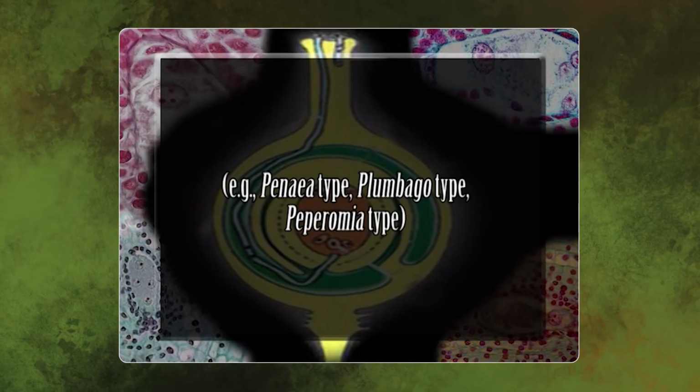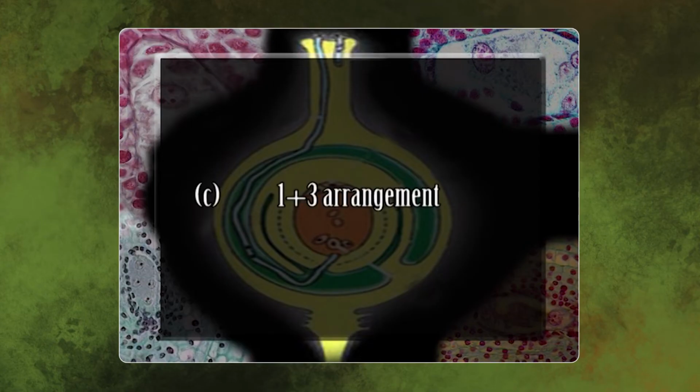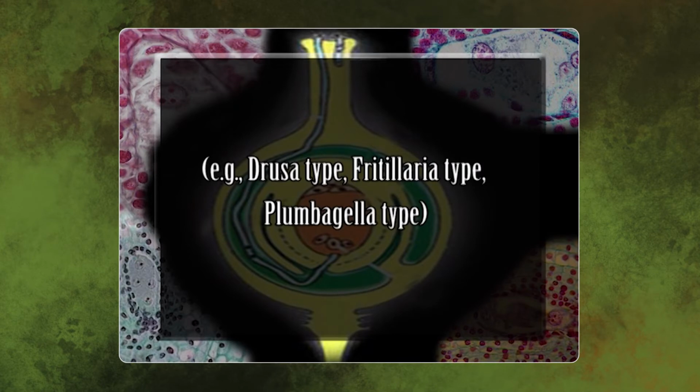For example, Penaea type, Plumbago type, Peperomia type. Third is the 1+3 arrangement. 1 nucleus at the micropylar end and 3 at the chalazal end, for example, Drusa type, Fritillaria type, Plumbagella type.